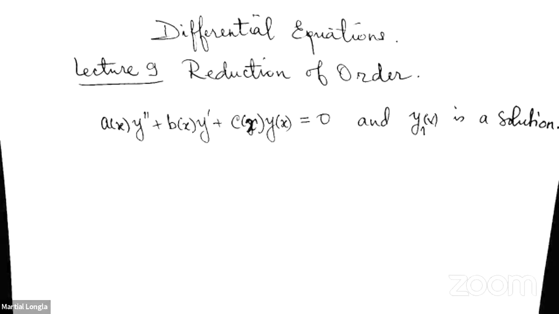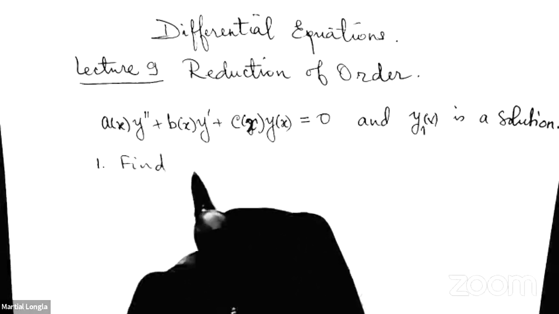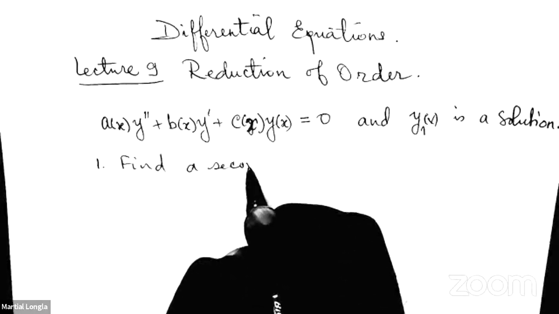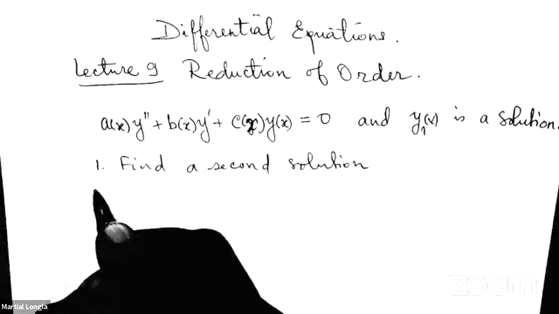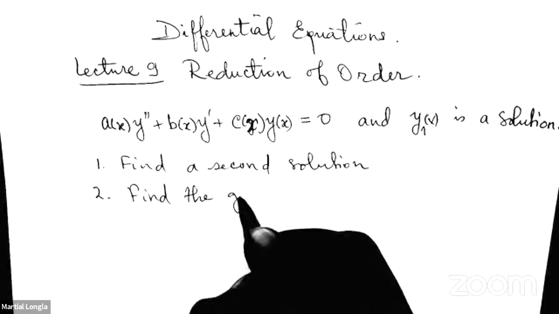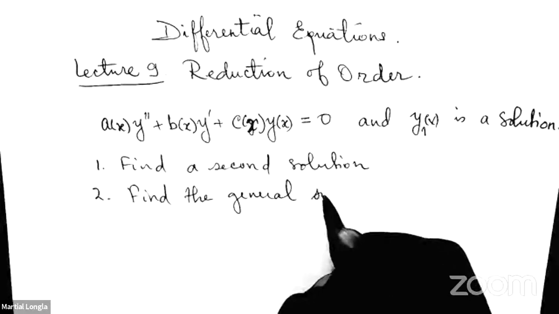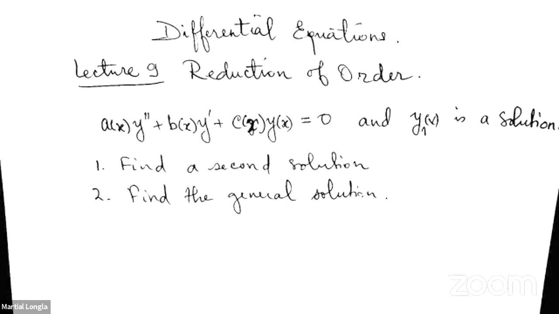Usually we ask to find a second solution, or we ask to find the general solution. These are the two things that you can be asked to do when given an equation of this form that you already know one solution of.